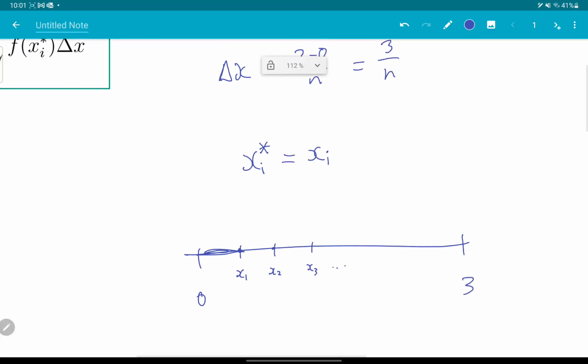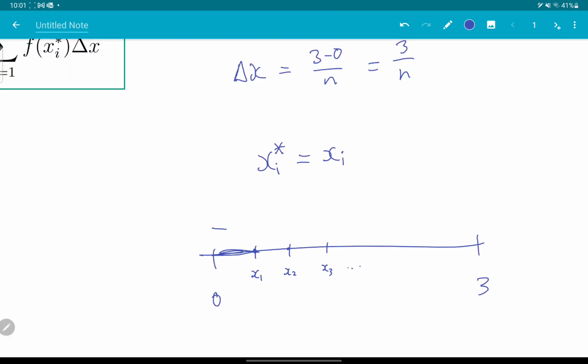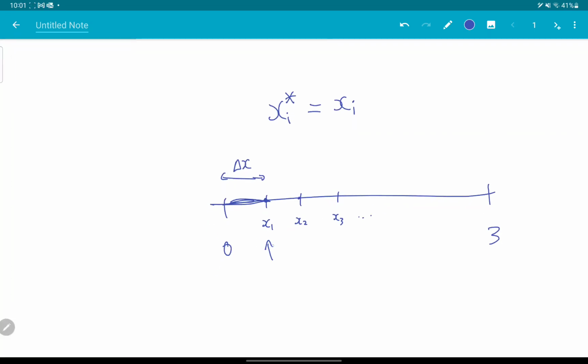And how can I find a formula for xi? That'll be useful. Well, if this distance here is delta x, then x1 here should be 3 over n. This guy should be 3 times 2 over n.